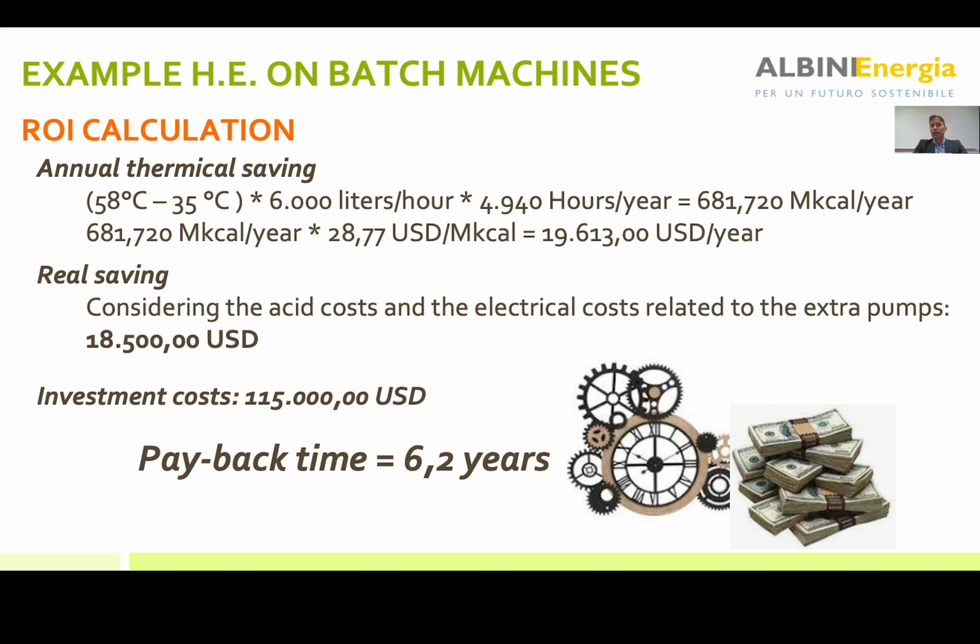And so you can have 681,000 megacalories per year. If you multiply this amount by the cost of each megacalorie, you will find a final saving of 19,613 US dollar per year.